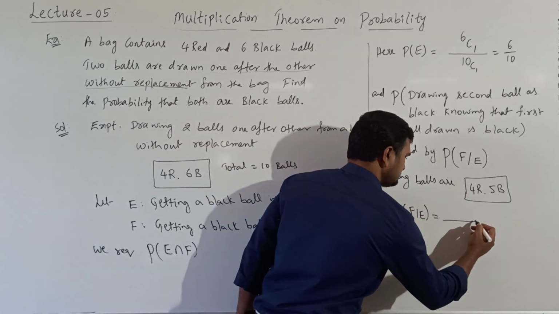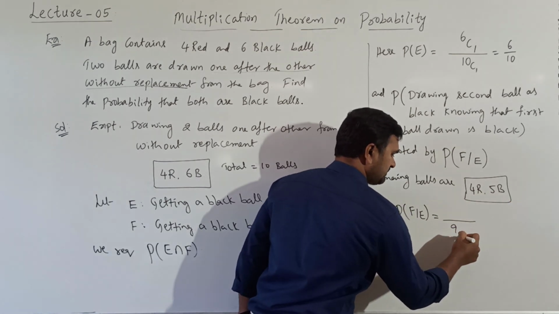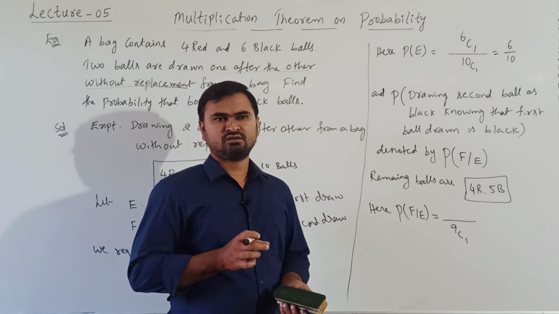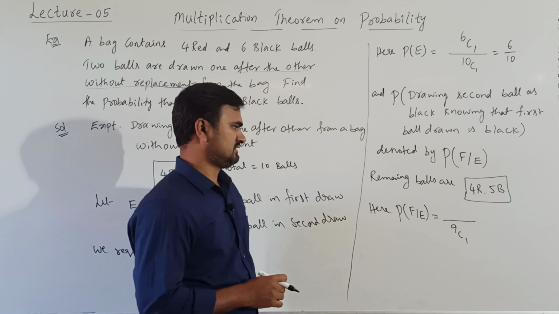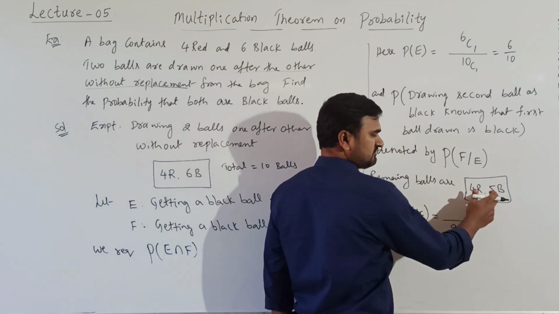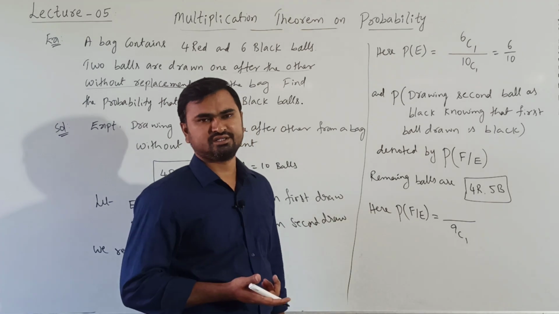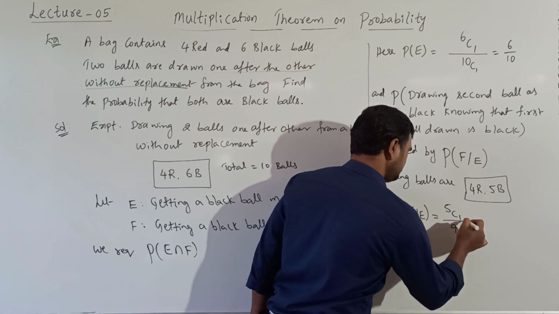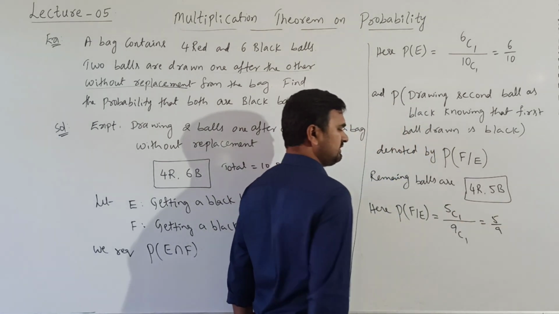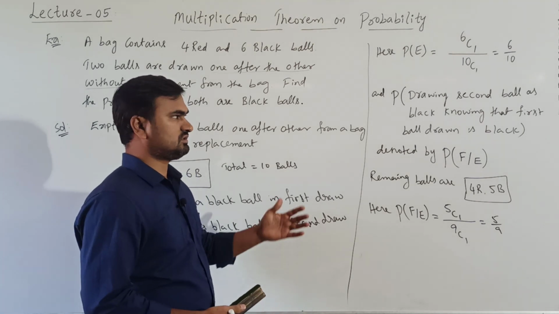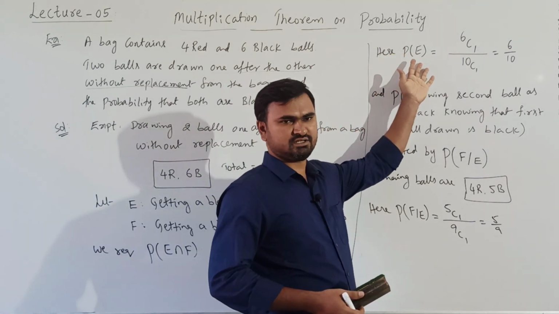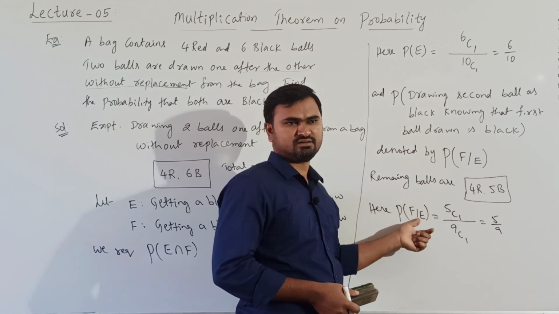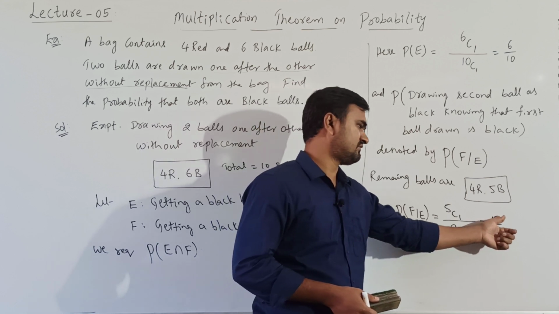Total 9 are there, and from that we take 1 ball, so it is 9C1. Numerator: 5 are black, and you select any one, so it is 5C1. So it is 5 by 9.